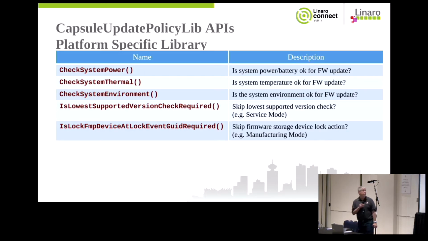If you're doing the platform-specific work around power, thermal, and environment, this is the one library class you'd implement. There's 3 APIs around system checks. There's 2 additional APIs there that's really around a service mode or manufacturing mode.